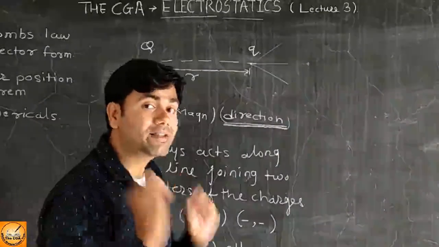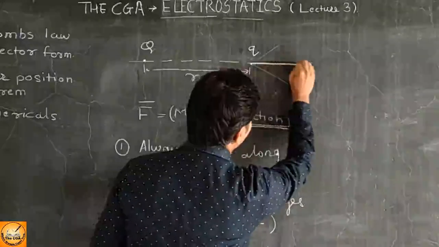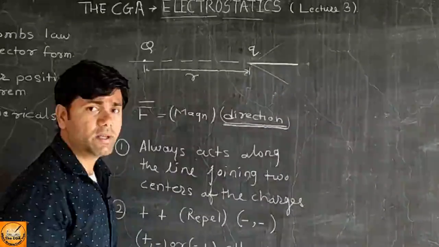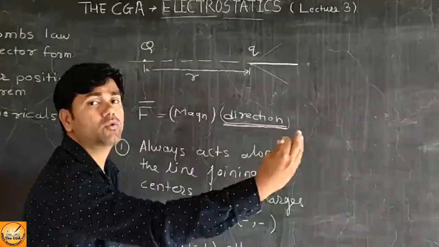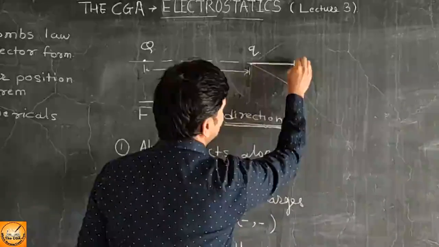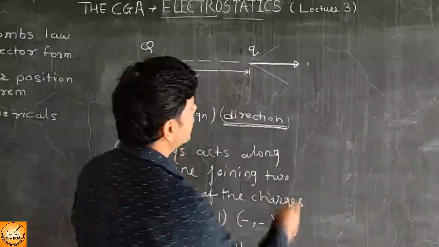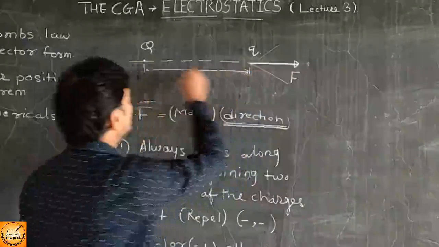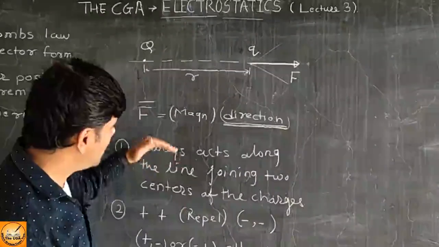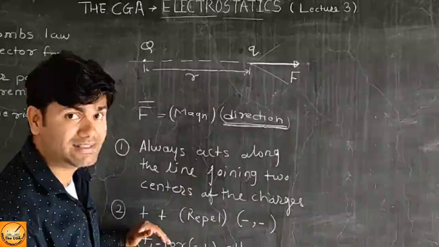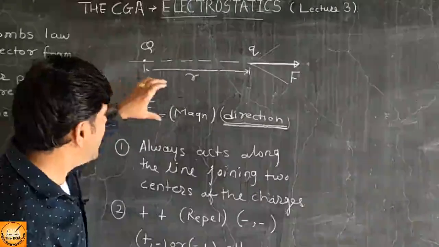So our force must act along this direction, and it must be repulsive, meaning on this charge it has to be towards the right. So we can say this is the force which is acting on small q due to the capital Q charge.